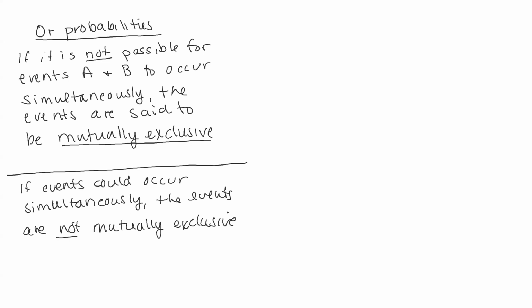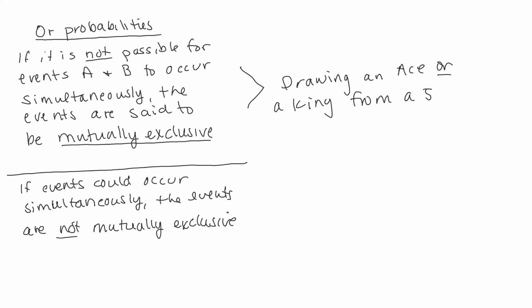So an example of mutually exclusive events, drawing an ace or a king from a 52 card deck. These two things can never happen at the same time.